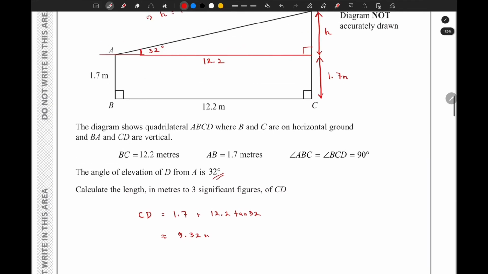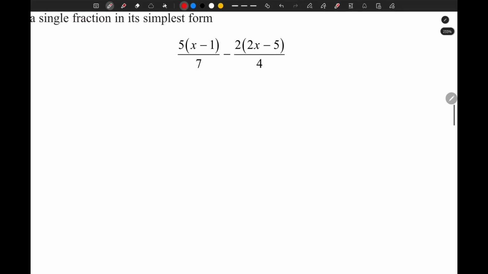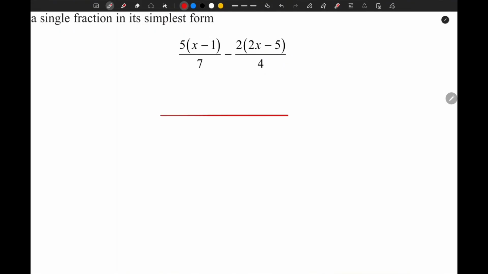answer to this question. Now in the next question, we need to write this as a single fraction in its simplest form. So working with fractions, there's a minus sign in between them. The best thing to do is multiply the denominators, which is 7 times 4, which is 28, and cross multiply the other values.